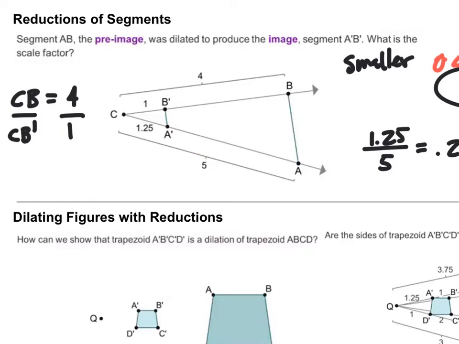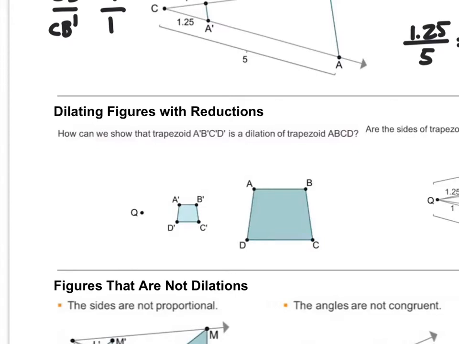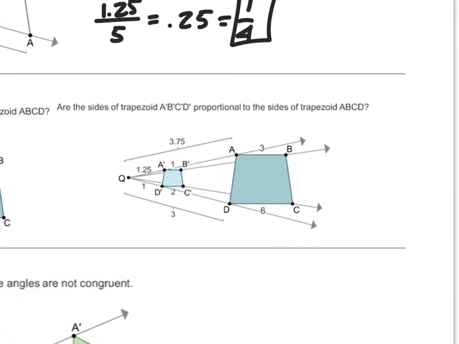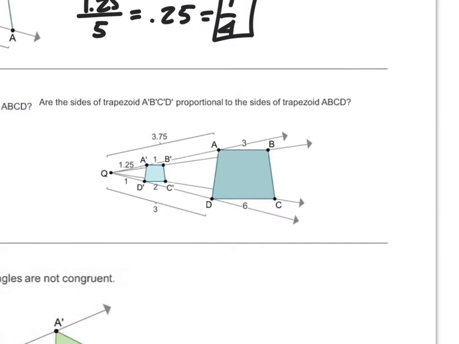Now let's see if trapezoid A prime B prime C prime D prime is a dilation from ABCD. I'm going to take a look at a picture over here and determine whether they are proportional.